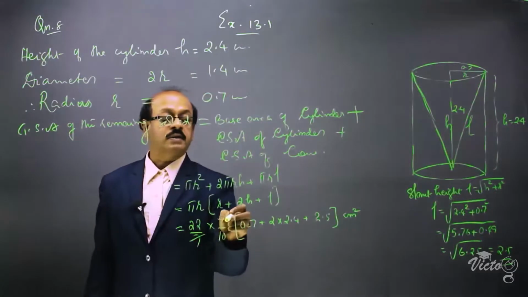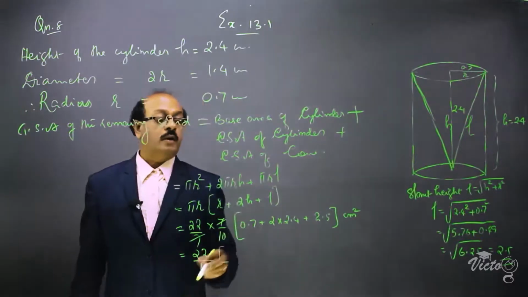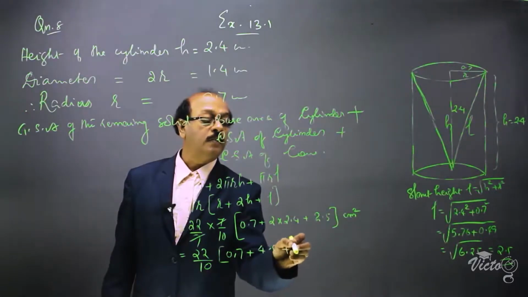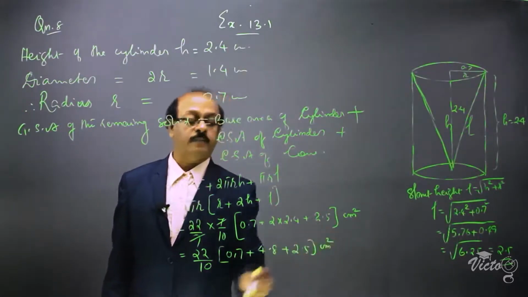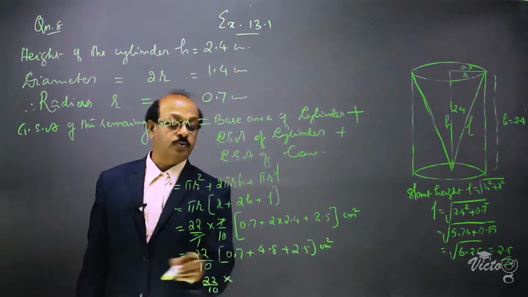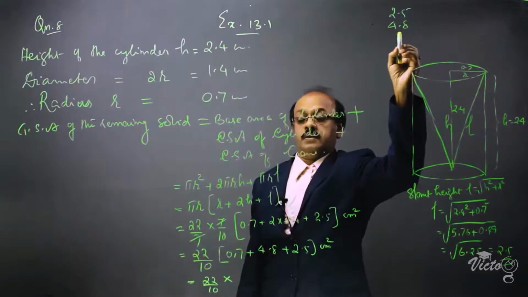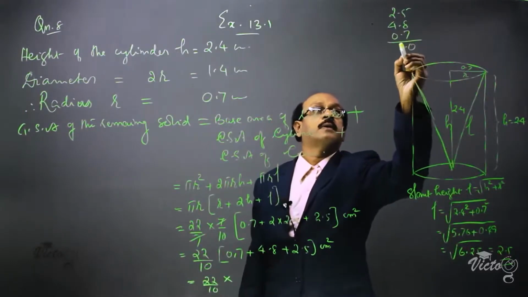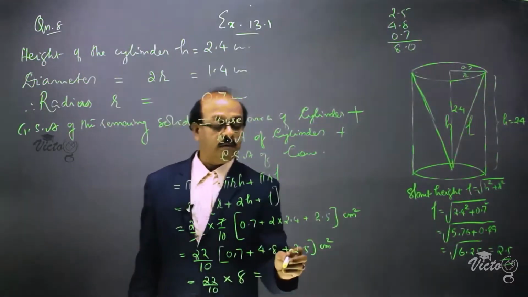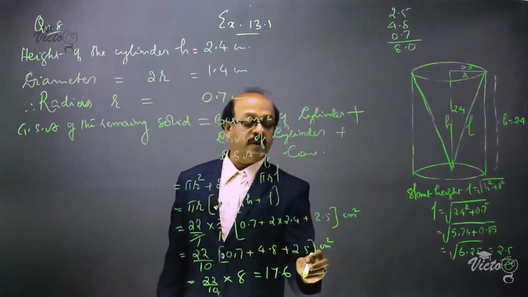This 7 and 7 cancelled. 22 by 10 into 0.7 plus 2 into 2.4 is equal to 4.8 plus 2.5 centimeter square. Adding 22 by 10 into 2.5 plus 4.8 plus 0.7, it is 8.0 means 8. Multiplying, 176 by 10 means 17.6 centimeter square.